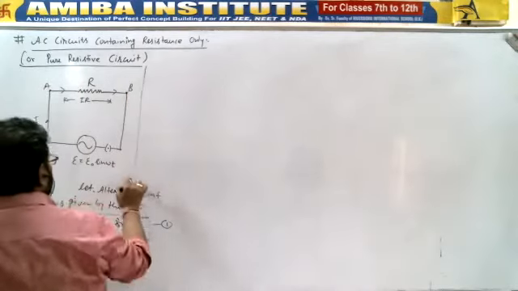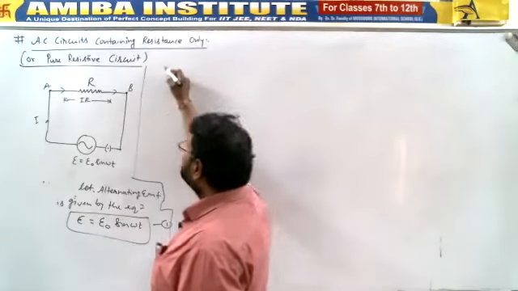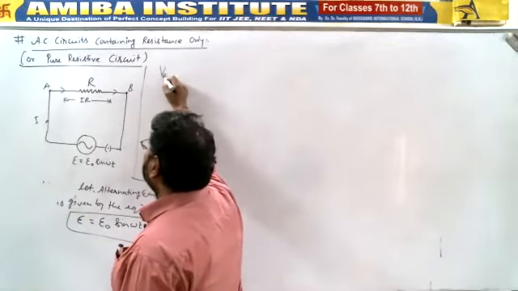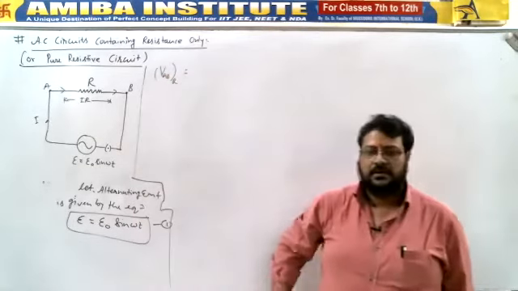As the circuit is closed, some current will be flowing. So here V AB across R should be equal to IR.